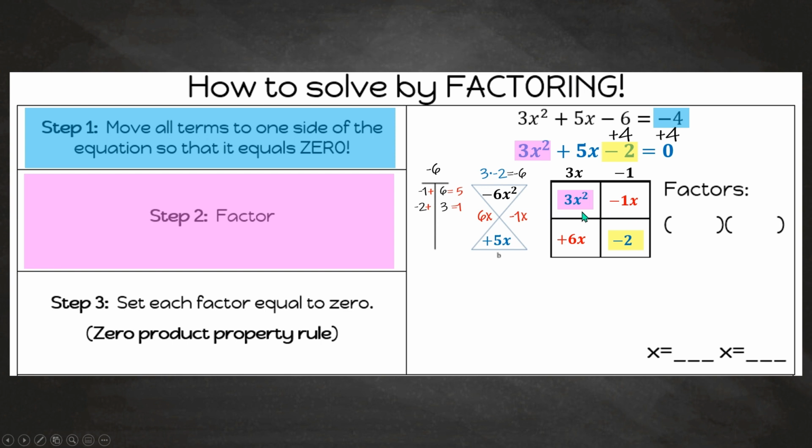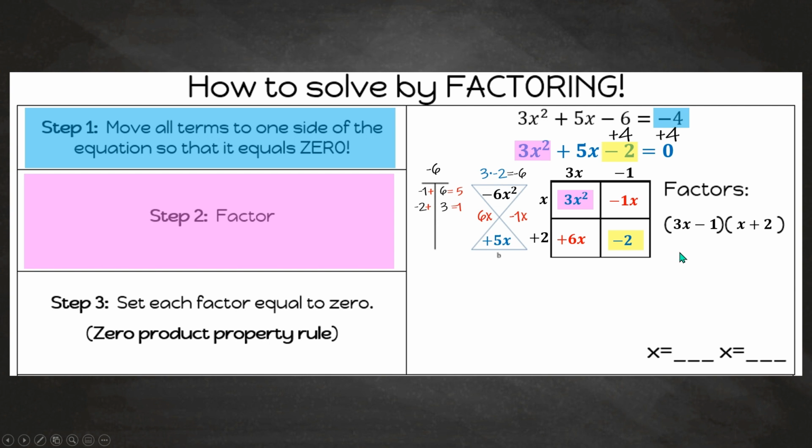Looking at this row, 3x squared and negative x, the only thing I can factor out is an x. And with positive 6x and negative 2, I can factor out a positive 2. Remember, whatever the sign is on the outside of my area model is the same sign that I factor out. So my other factor is x plus 2. Now I've factored 3x squared plus 5x minus 2.